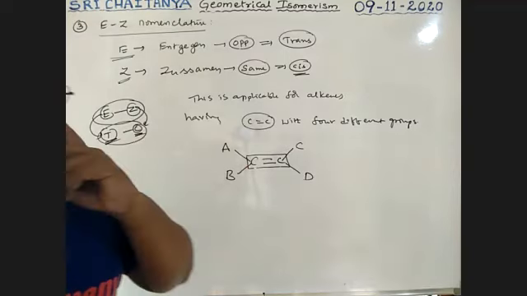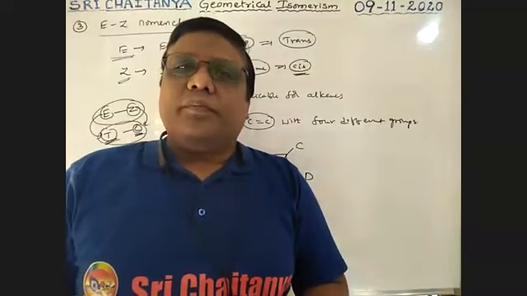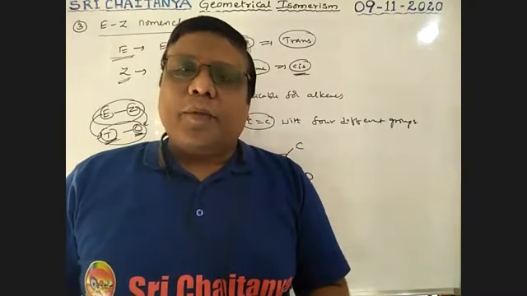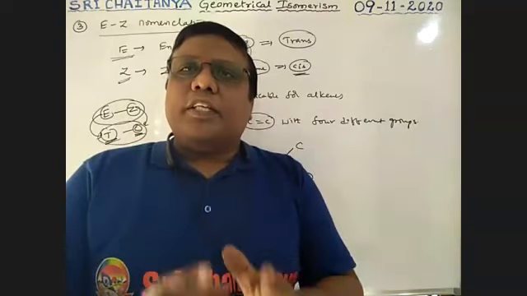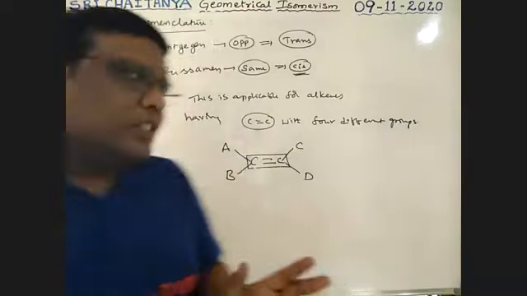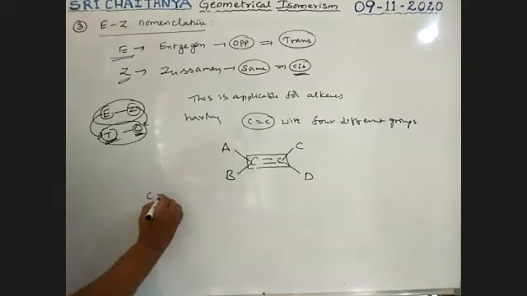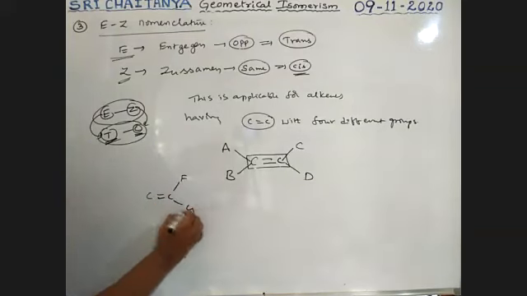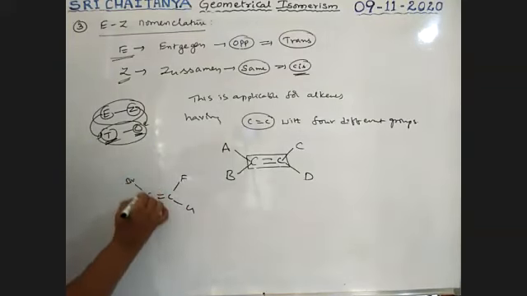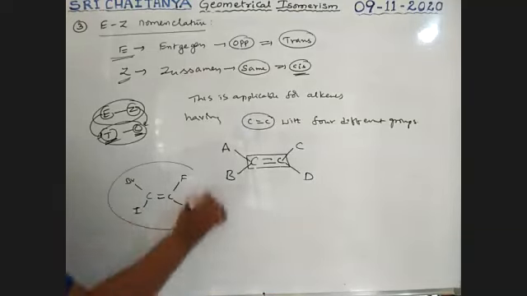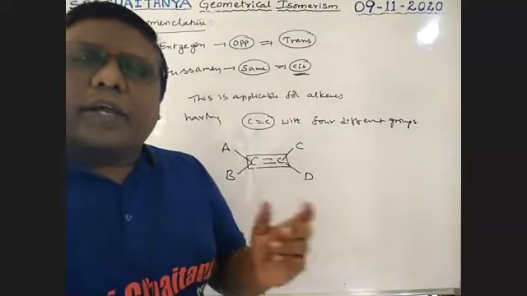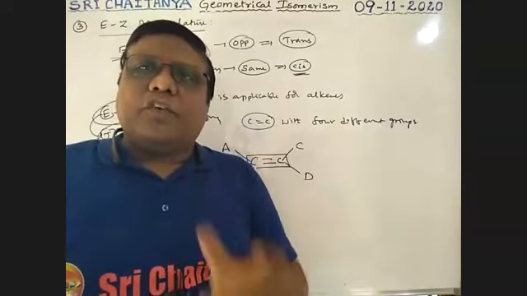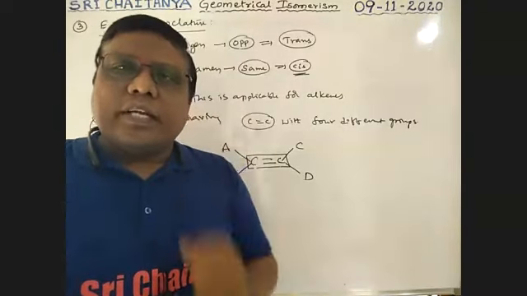For example, C double bond C with fluorine, chlorine, bromine, iodine: for this system, EZ nomenclature is applicable. Whenever C double bond C is bonded with 4 different groups, the EZ system is applicable.